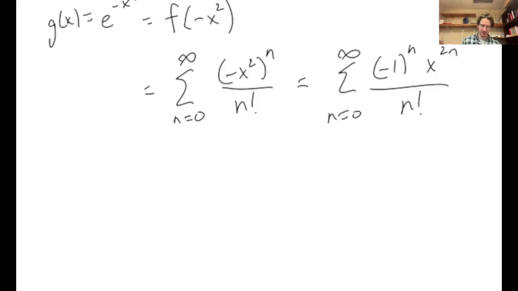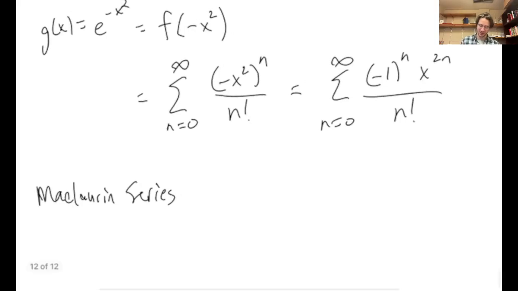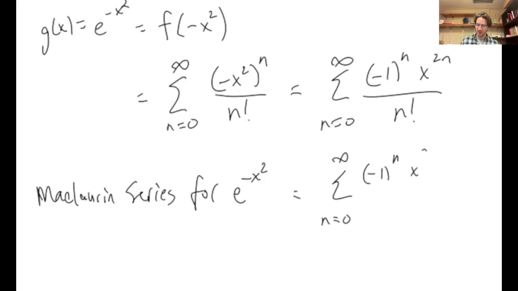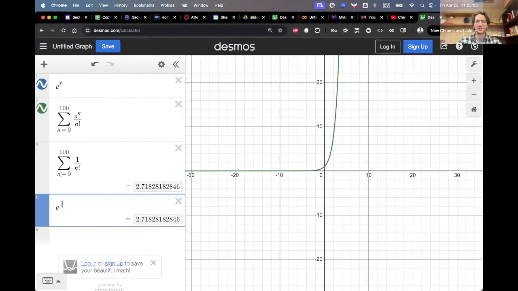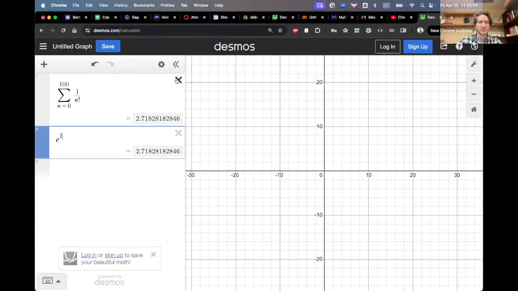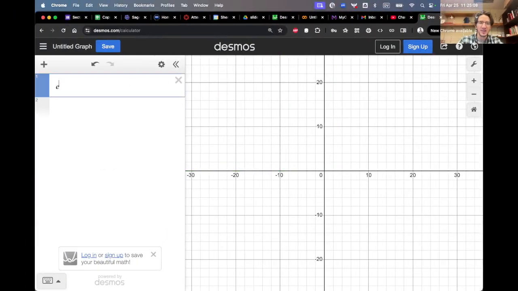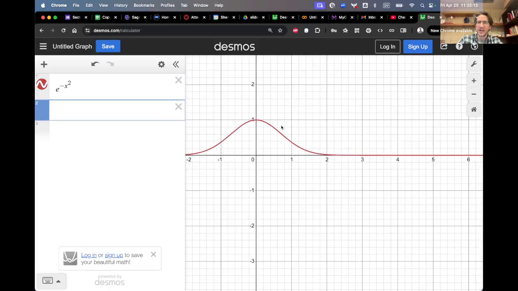So here I would say the Maclaurin series, and I'm being pretty careful with my wording here, I'm being a little pedantic, but the Maclaurin series for e to the minus x squared is this sum from 0 to infinity of minus 1 to the n, x to the 2n over n factorial. Let's go compare these functions. Here's e to the minus x squared, cute little guy.